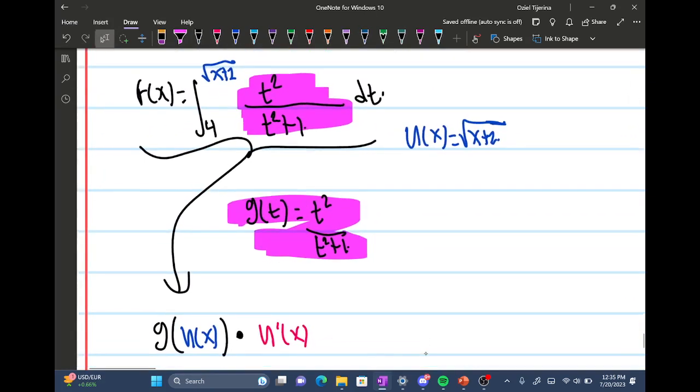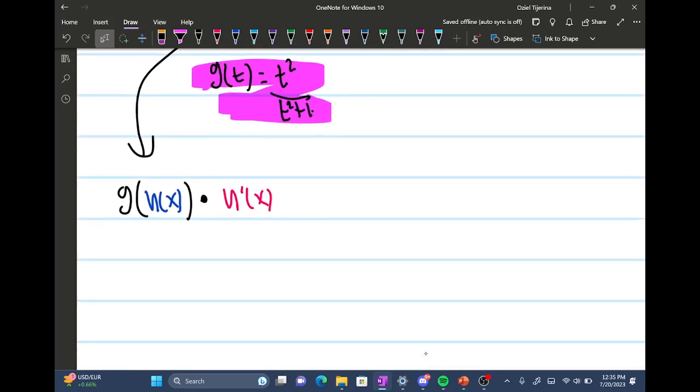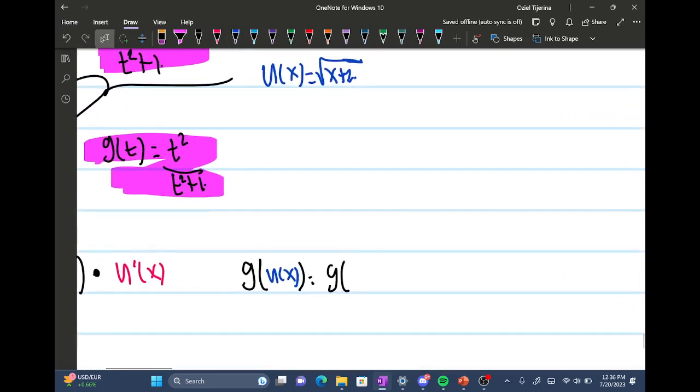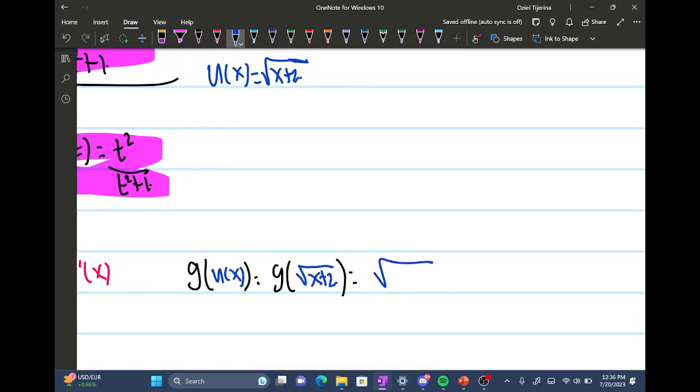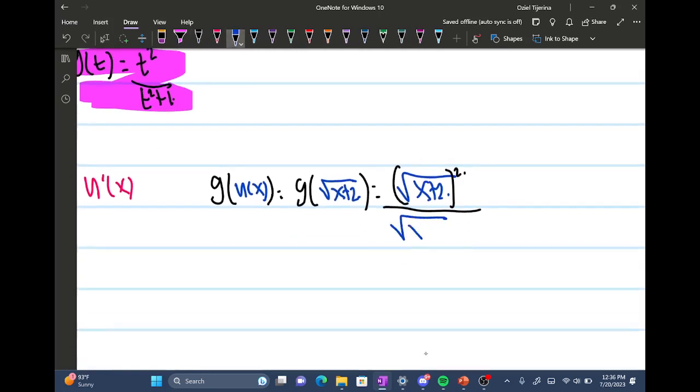So now if I go ahead and do that, g of t was t squared over t squared plus 1. G of u of x is really g of the square root of x plus 2, because u of x was the square root of x plus 2. And so this is going to be the square root of x plus 2 quantity squared over the square root of x plus 2 quantity squared plus 1.